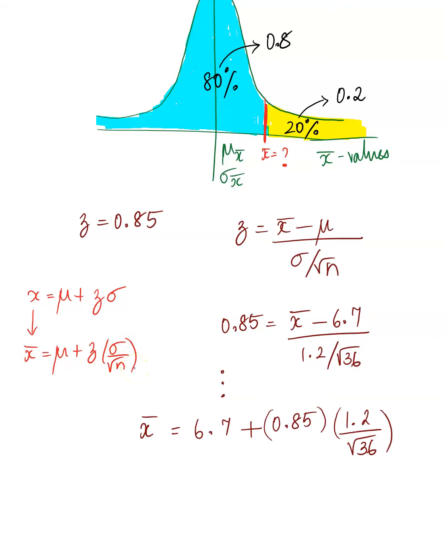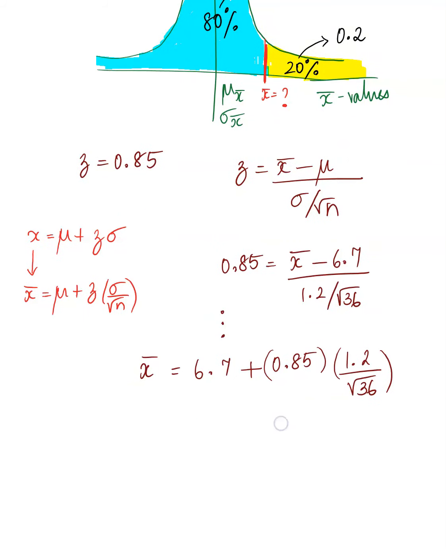That's what I have here. Now if you compute the values here, this gives roughly 6.87. So that will be the x bar value if you're using the table to obtain this.